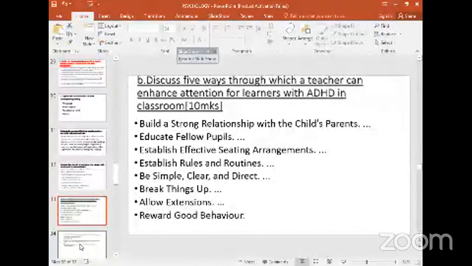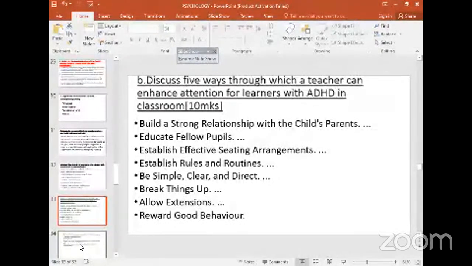We talked about ways in which a teacher can enhance attention of learners with ADHD, that is attention deficit hyperactivity disorder, in the classroom. One, the teacher needs to build a strong relationship with the child's parents.